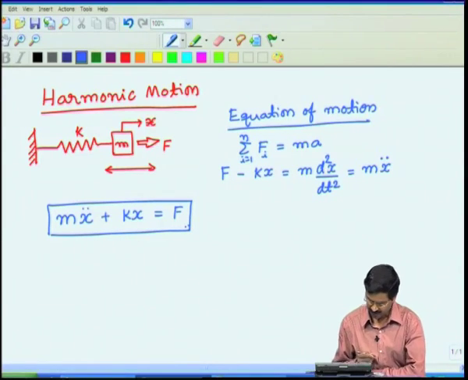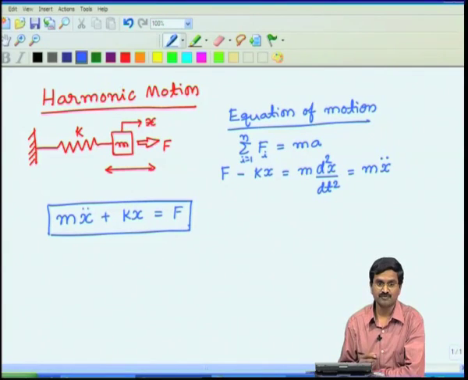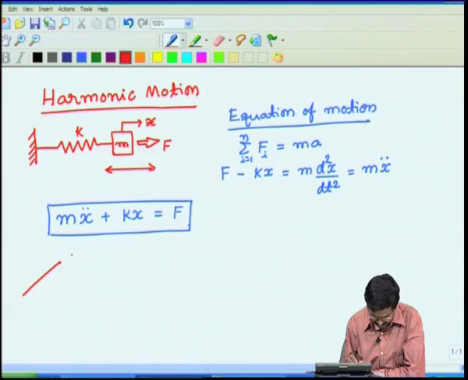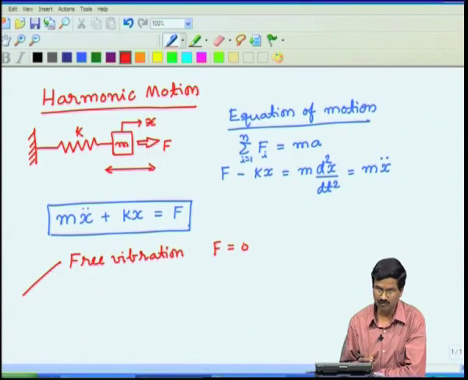Depending on what this F is, we get different types of vibrations or motion. The first one is free vibration, that is when F is equal to 0, there is no force and yet it will vibrate if there is a disturbance.